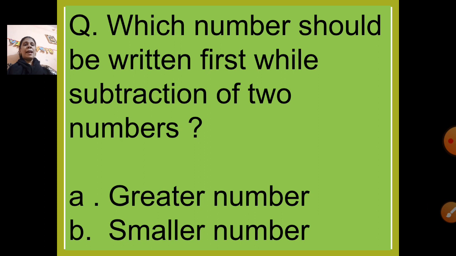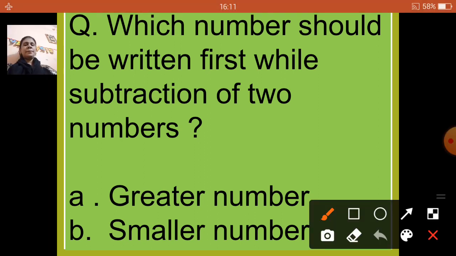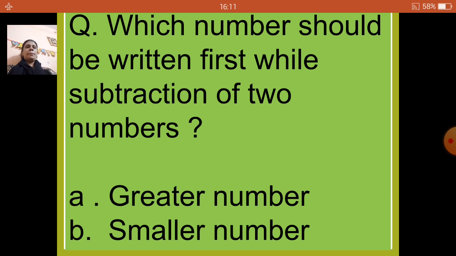Which number will we write? Greater number. Correct. You are always going to subtract from the bigger number. The greater number will be written first while subtracting two numbers. Always write the greater number first and then the smaller number.